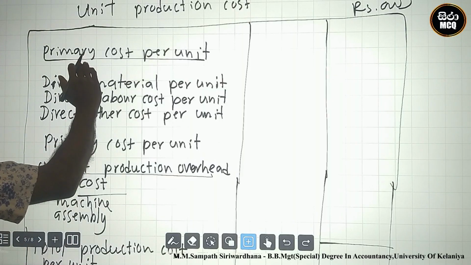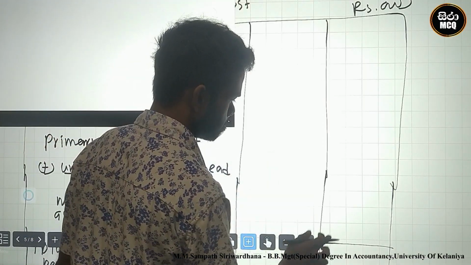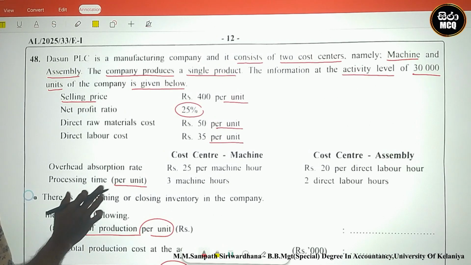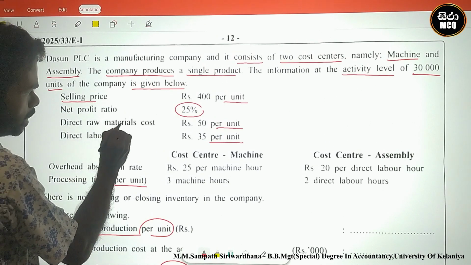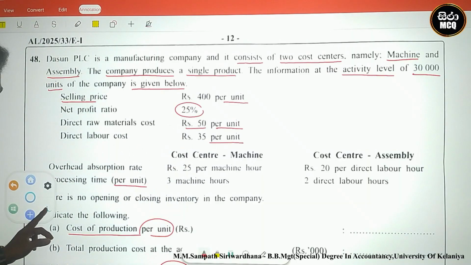Firstly, we must identify the primary cost. Looking at the question, direct raw material is 50 per unit.